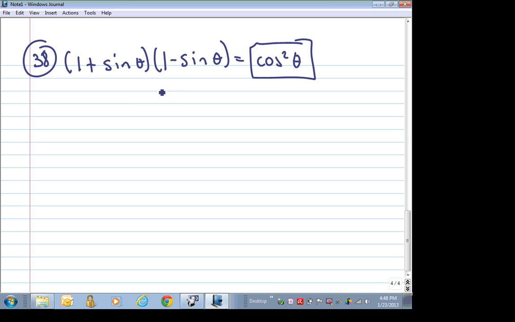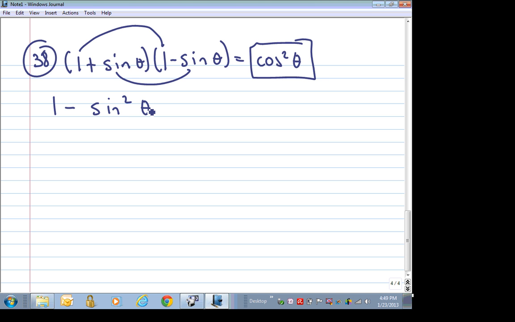If you remember that, when we FOIL the middles will always cancel out. So we're only going to have to multiply the first times the first, which would be 1, and the last times the last because of the positive and negative. So sine theta times negative sine theta is negative sine squared theta.